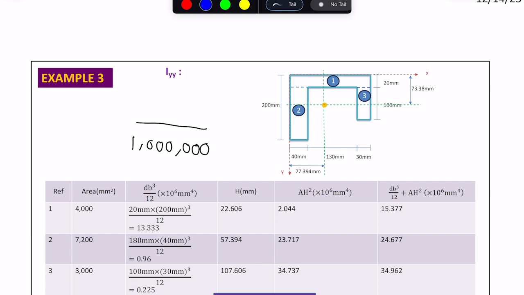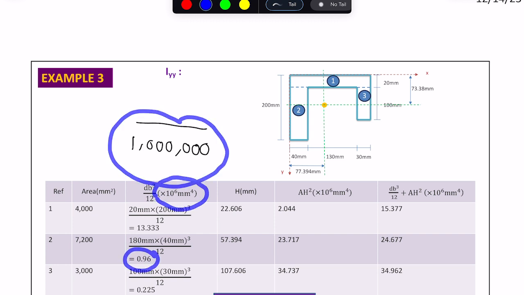For section number 2, the DB cube, D is 180 and B is 40 mm. Cube divide with 12, divide with 1 million, you will get 0.96 times 10 power of 6.